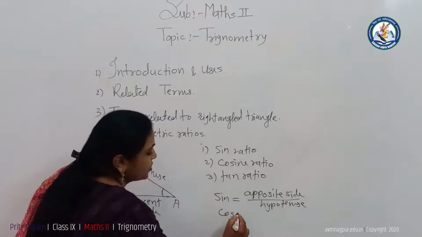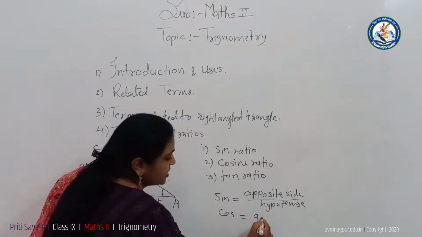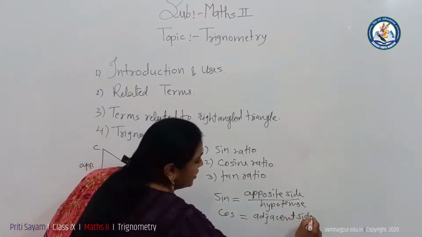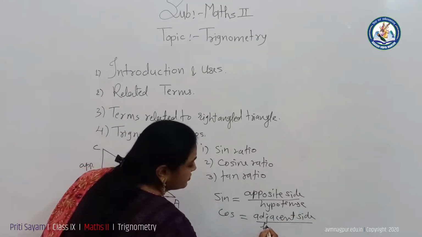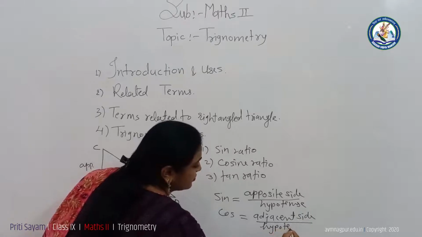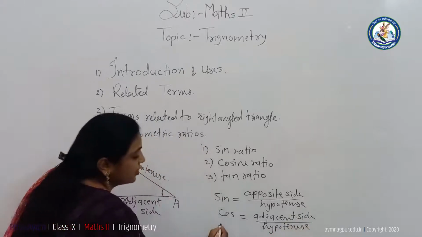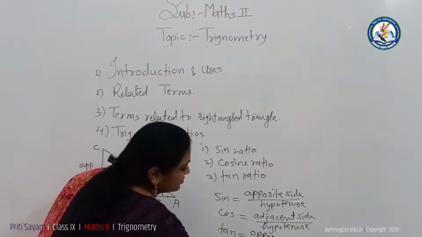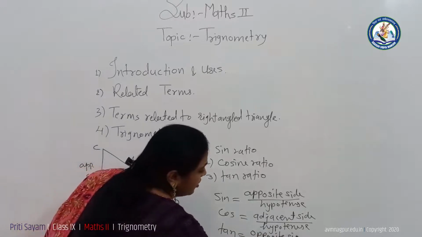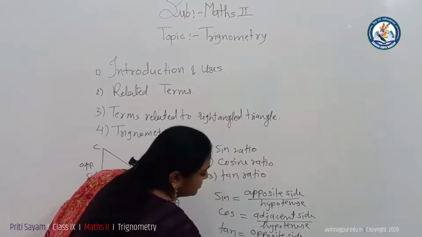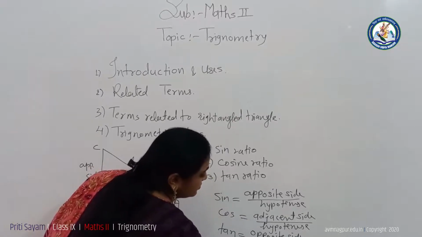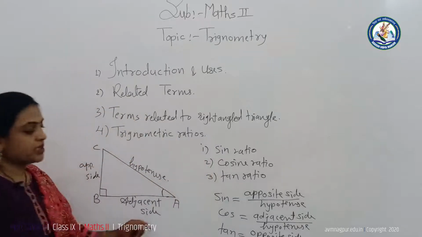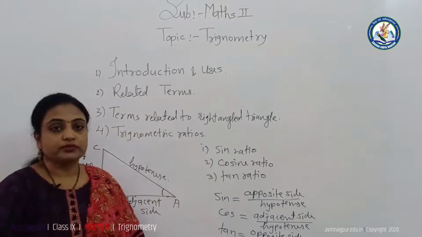Then cos means adjacent side upon hypotenuse, and tan means opposite side upon adjacent side. So these ratios are important.